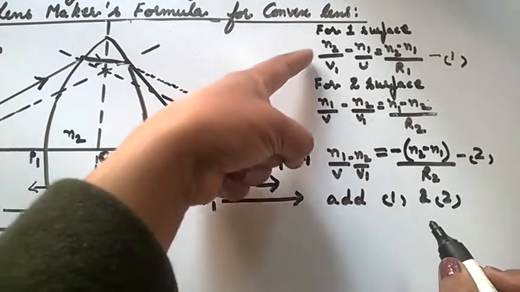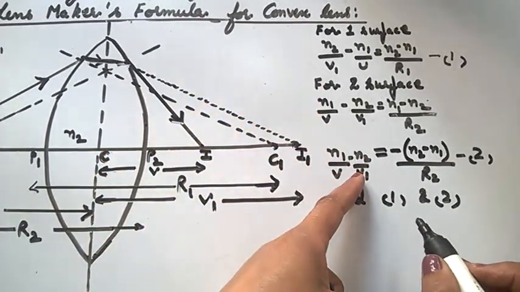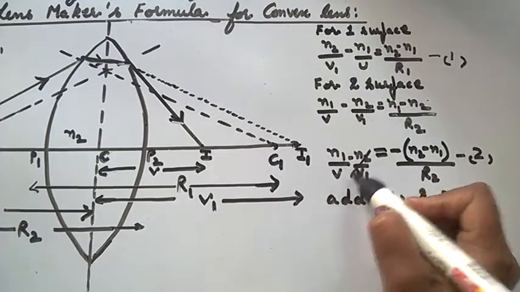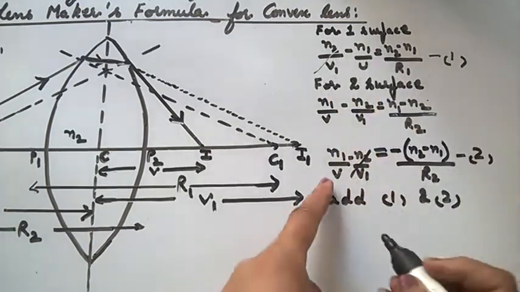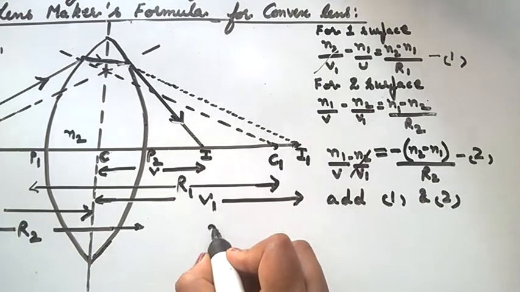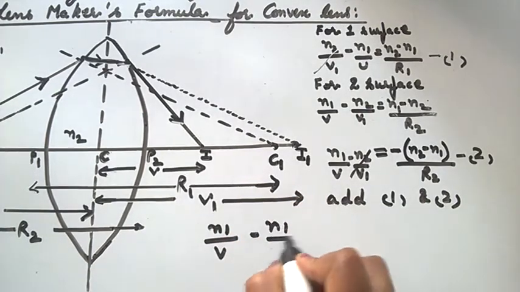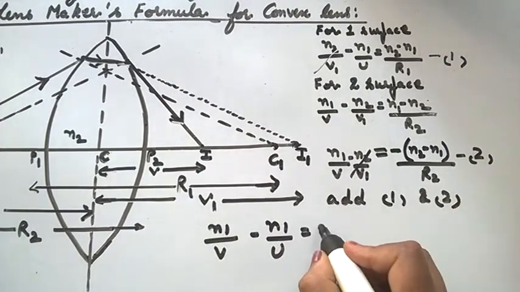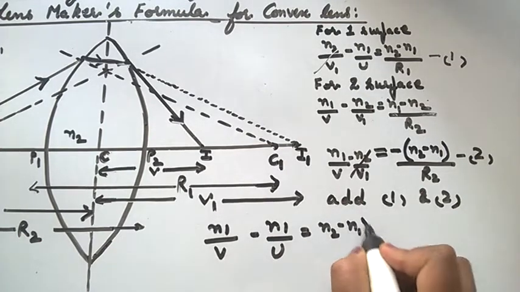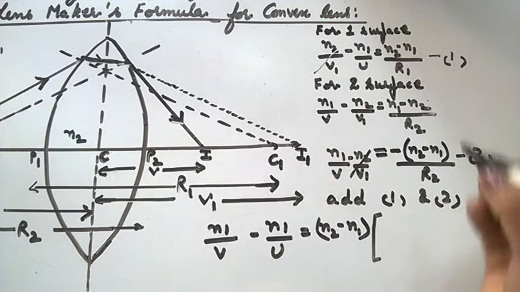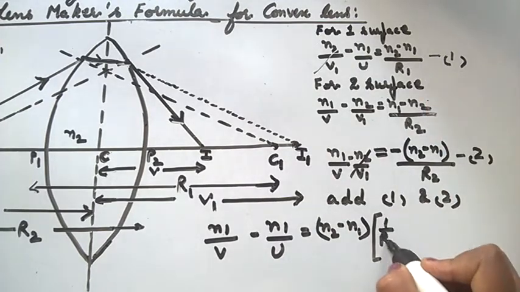We get n2 upon v1 minus n2 upon v1, they will cancel out, and we remain with n1 upon v minus n1 upon u equal to n2 minus n1, which is common, within bracket 1 upon r1 minus 1 upon r2.